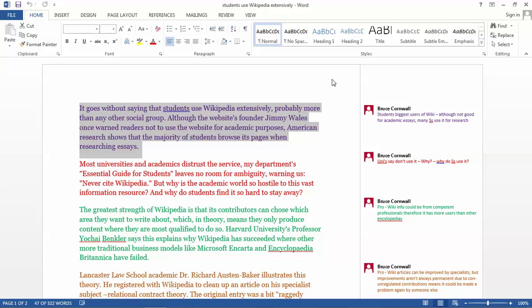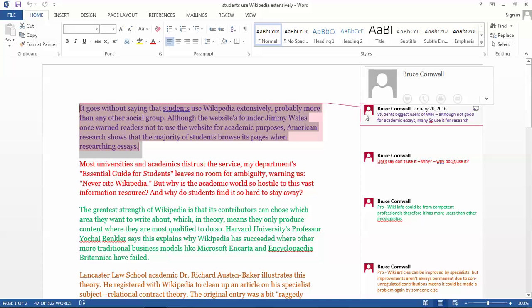What's important in the first paragraph? You can see on the side I've written that students are the biggest users of Wiki. Although not good for academic essays, many students use it for research. I'm going to put that into my outline later, but it doesn't necessarily mean I'm going to use all of it. But now I've got the main idea of that paragraph.